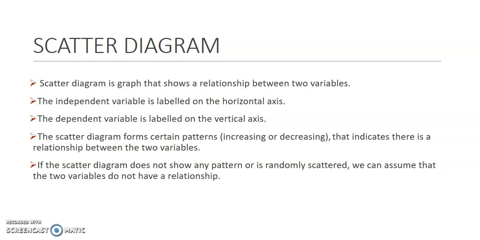In a scatter diagram, the independent variable is labeled on the horizontal axis. So your independent variable is your x-axis. And the dependent variable is labeled on the vertical axis. So the y-axis is for the dependent variable.